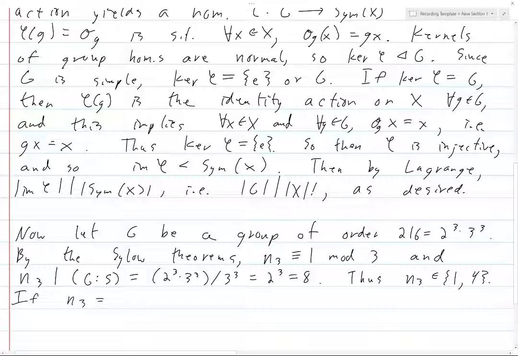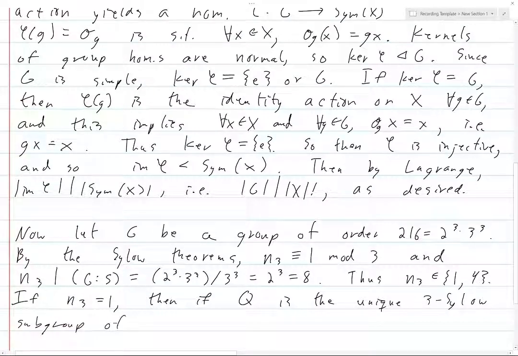If n3 equals 1, then if Q is the unique 3 Sylow subgroup of G, unique because n3 is 1, so there's only one of them, then we know that for any p, the collection of p Sylow subgroups are conjugate, but here we only have one.